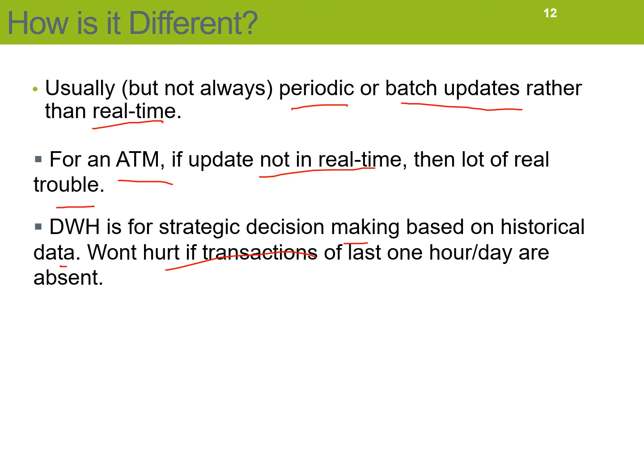But in a traditional data warehouse, that's not true, because a data warehouse is for strategic decision making, not for running the day-to-day business. And for strategic decision making, maybe I don't need the last 10 minutes or last 1 hour of data.